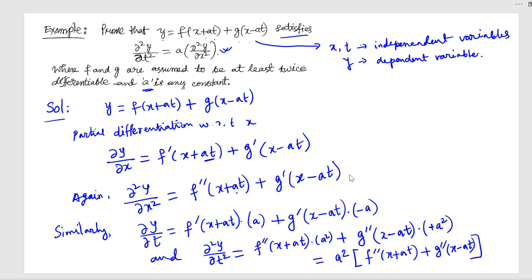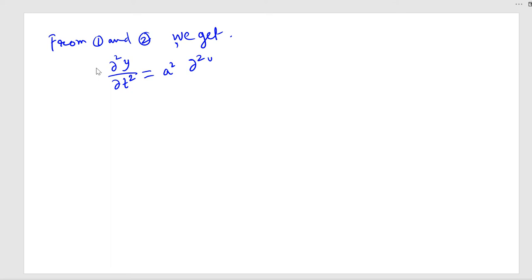So if you call this one as equation 1 and this is 2, so from 1 and 2 we get del 2y del t2 equals a square times del 2y del x2.